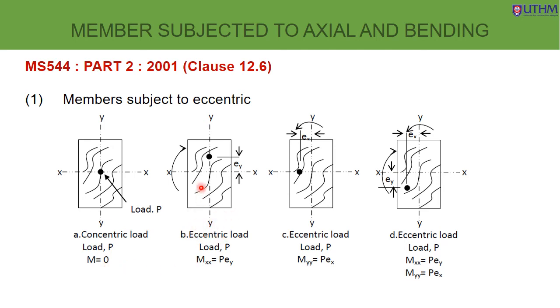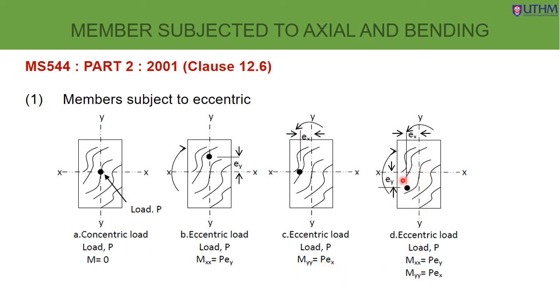Figure B, if the load is concentrated somewhere at a center line at a distance Ey from the center point, we calculate Mxx as P times Ey. Figure C, if the load is concentrated somewhere at the center line of xx with the distance of Ex, therefore we calculate Myy equal to P times Ex.